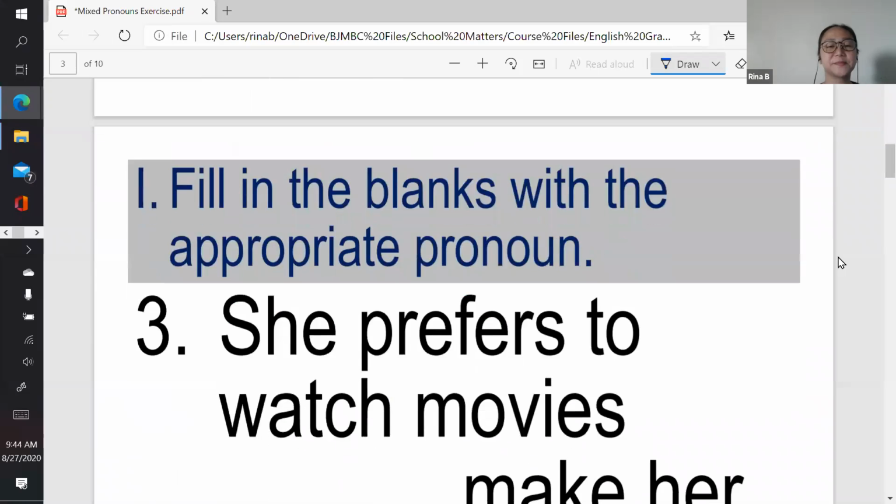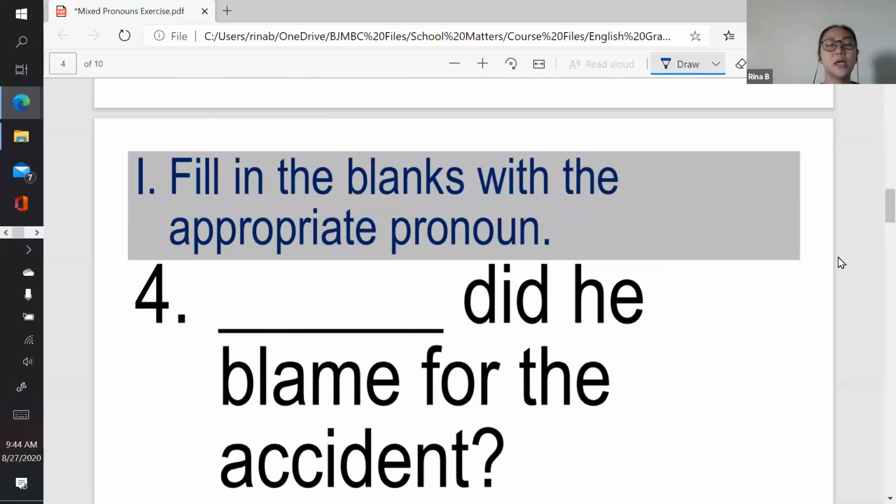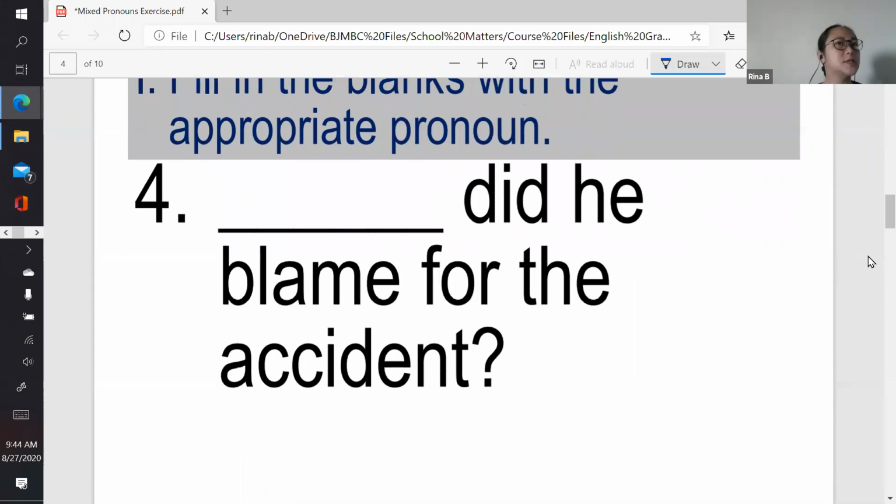Next. Number 4. Joy. So you already have a clue for what type of pronoun to use, yeah? Because we have this. Here you can have, I think, at least 2 possible answers.